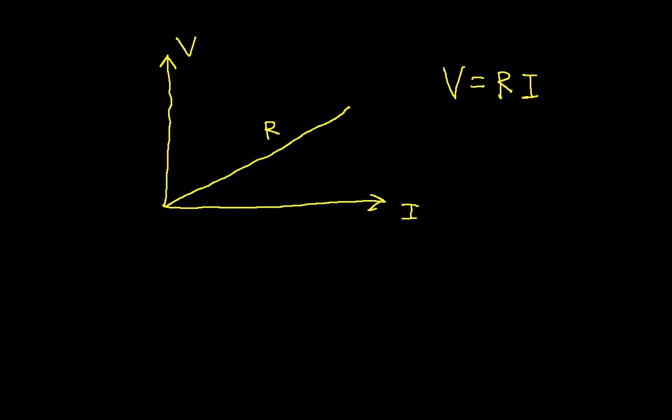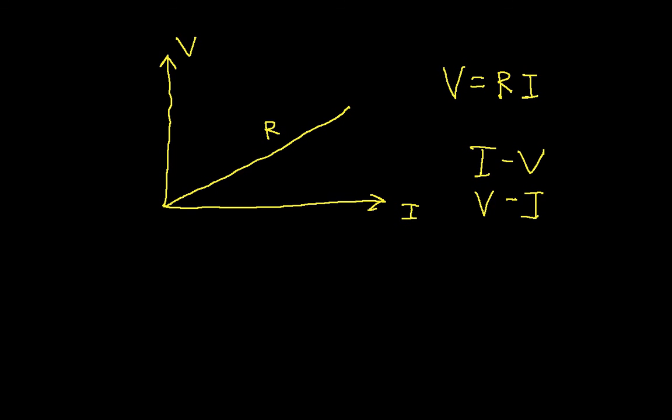This turns out to be useful. In fact, this is a very useful way of thinking about components and how to model them. Depending on who you talk to, this is called an IV curve or a VI curve. I've seen both used. In fact, I end up using both on a fairly random basis.